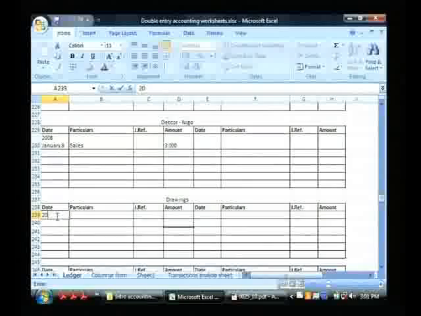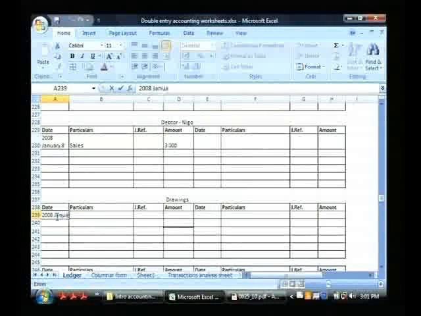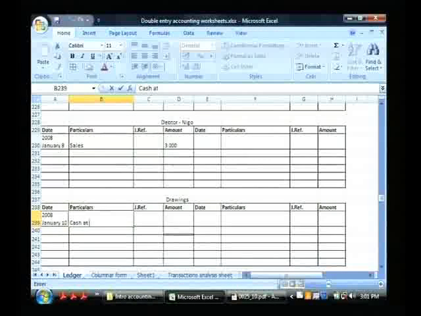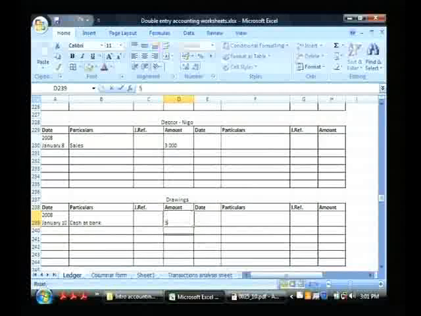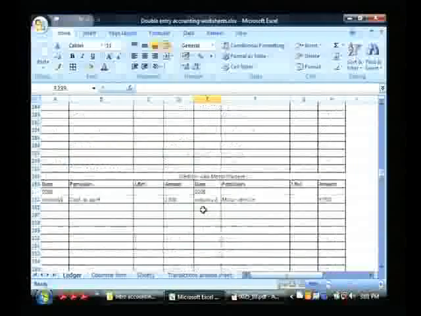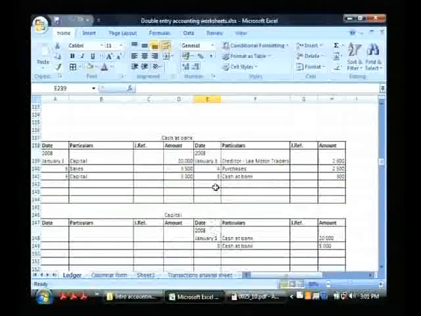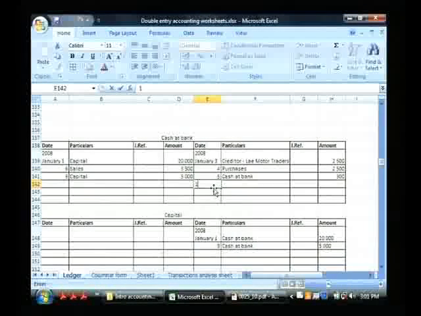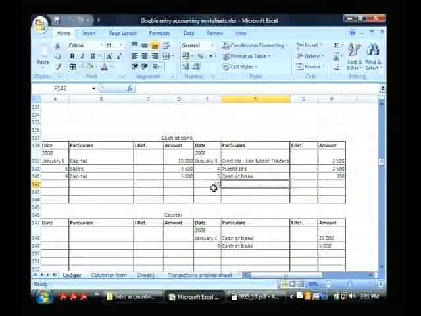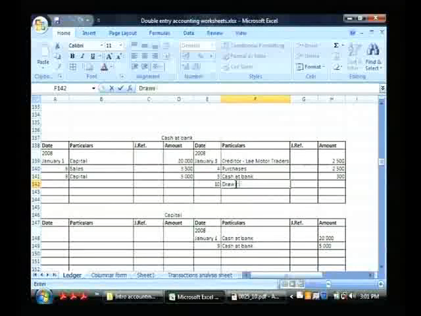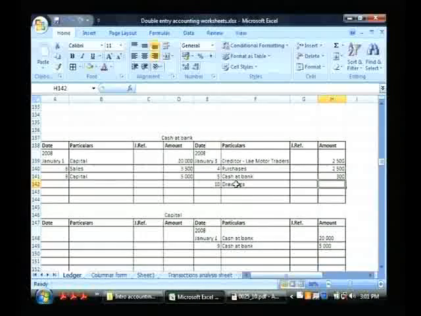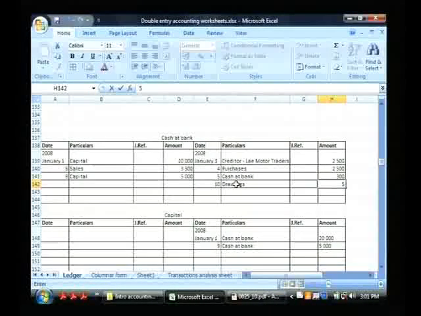Drawings account debit, 2008, January 10th, cash at bank and amount is 500. Here we have cash at bank account credit, credit drawings, amount 500.